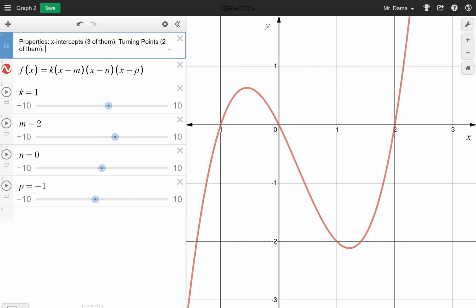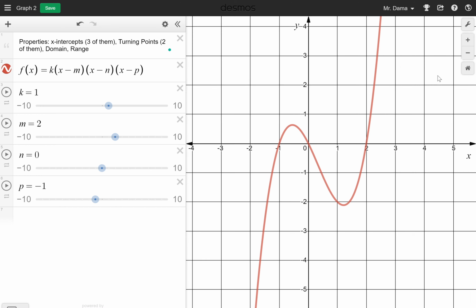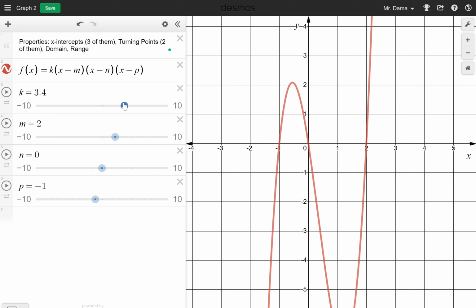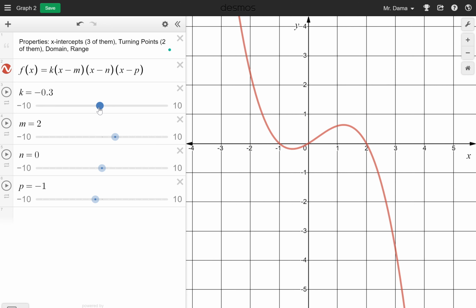You've still got a domain. For this one, the domain is all numbers, all real numbers. And you've still got a range. What am I missing? Oh, also, as you change k, your graph gets stretchier or flatter.